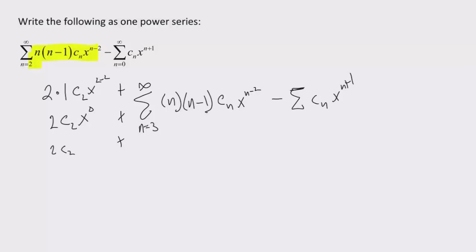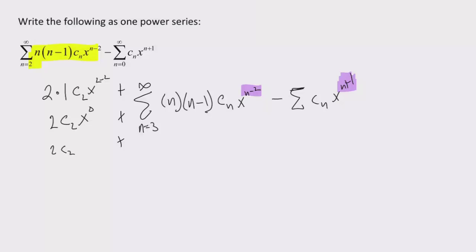All right, so as we're looking at this, what do we notice? Right here we notice that one series has an n minus 2 in it, and the other series has an n plus 1 in it. If we can find a clever way to get those to be the same, then we could find a nice easy way to connect the two patterns. So now we just got to think of a nice index that would do that for us.